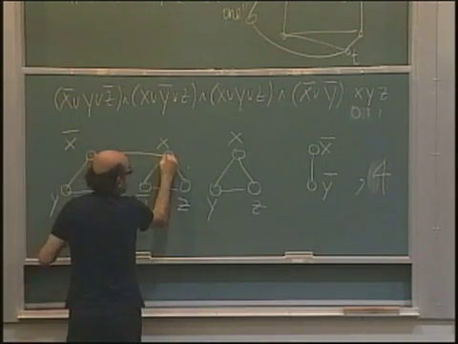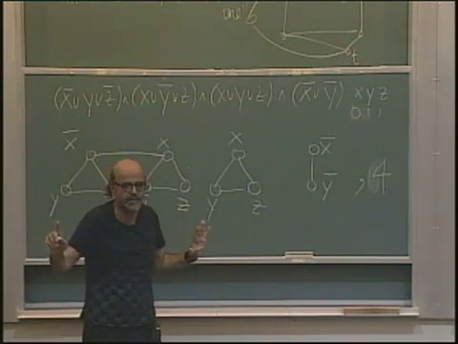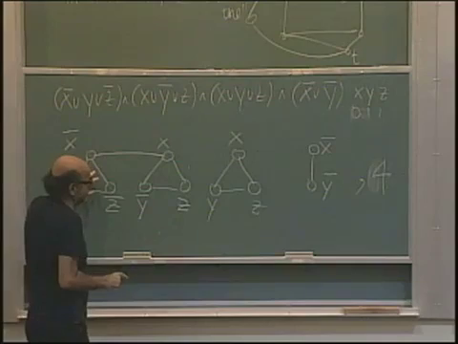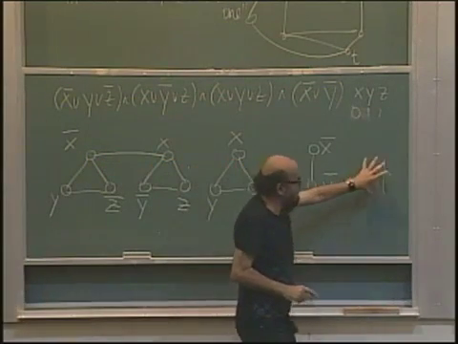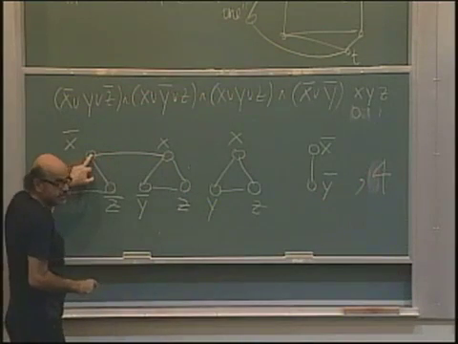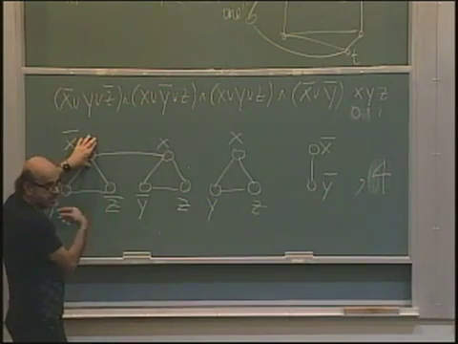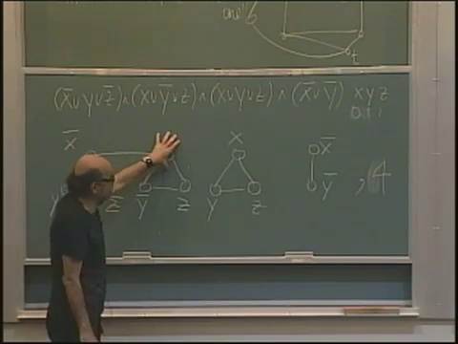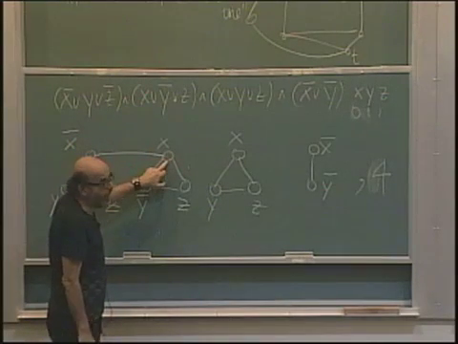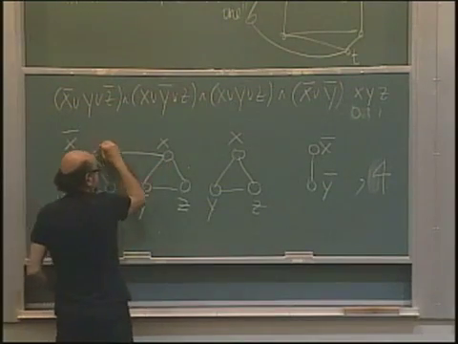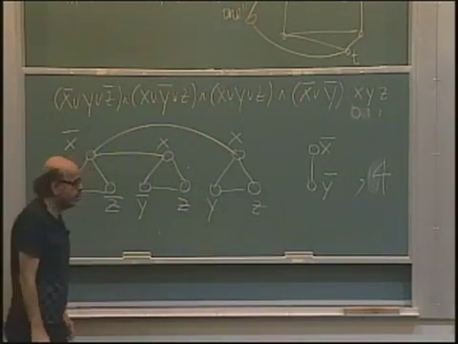That's why I draw this edge. Everybody understands why I draw this edge? I draw this edge to signify that if I decide to fulfill my ambition starting with the choice of x bar of this node in the first triangle, then I should not have the freedom to choose y in the second triangle, or x in the second triangle, or x in the third triangle.